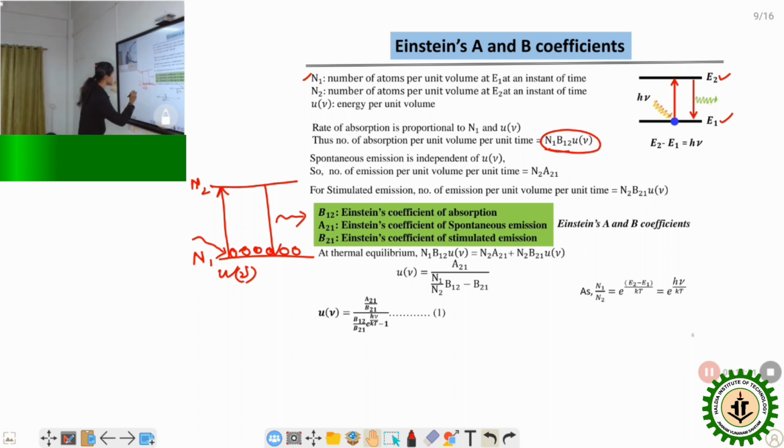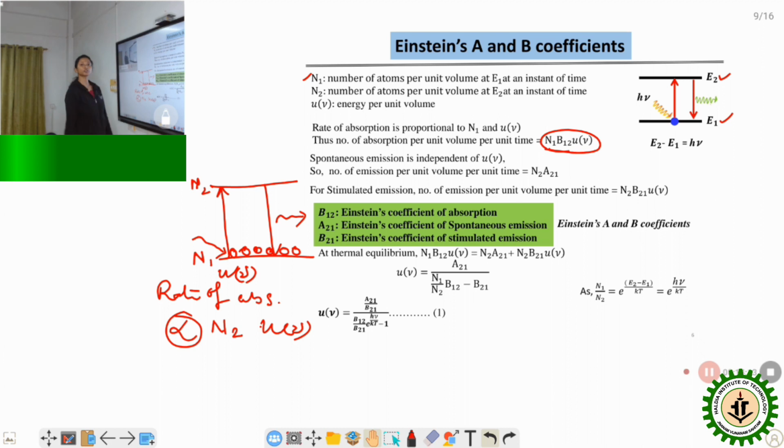That means the rate of absorption per unit time per unit volume is proportional to N1 and U. If I want to remove this proportional sign, then I need one proportionality constant, which is B12. Now this is the number of absorptions per unit volume per unit time.